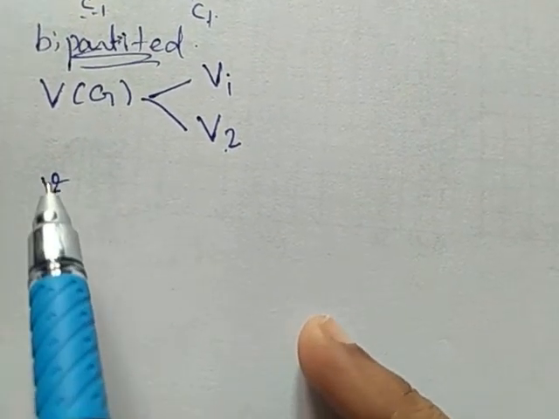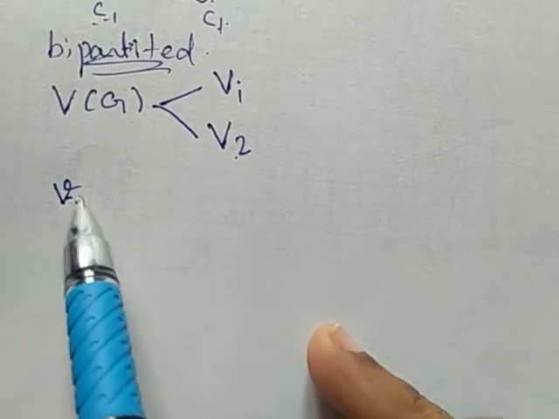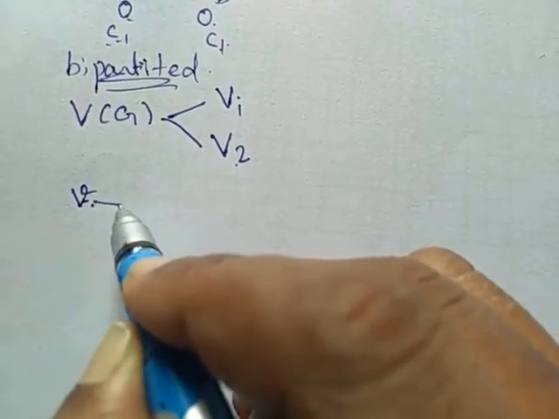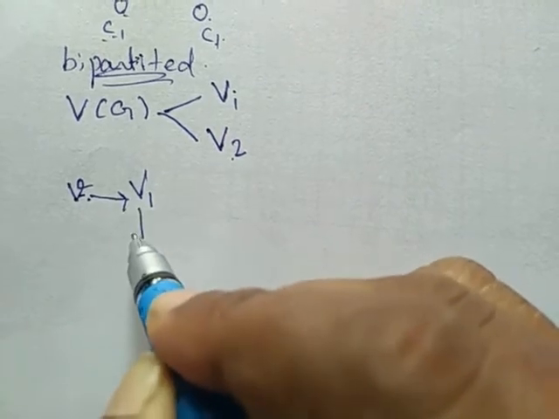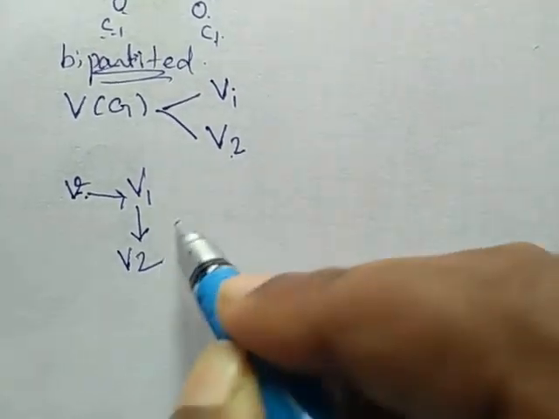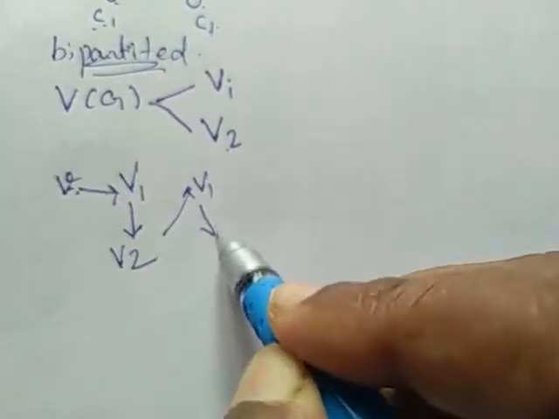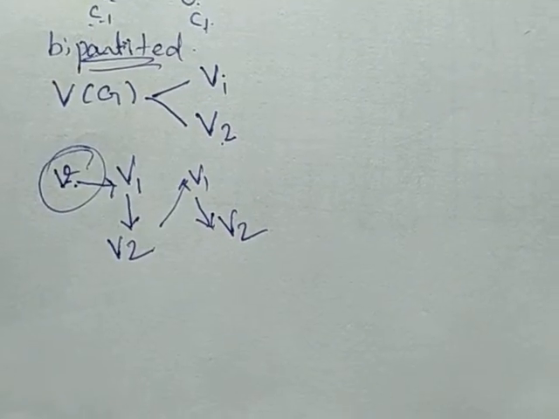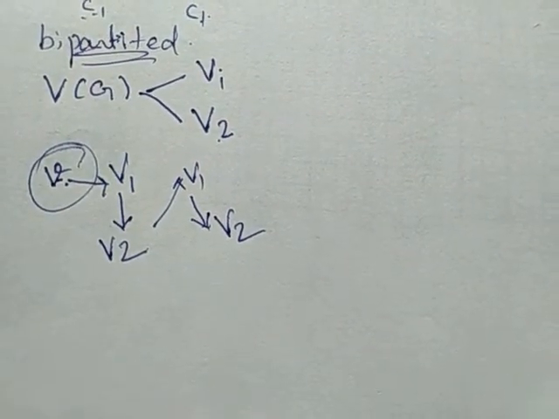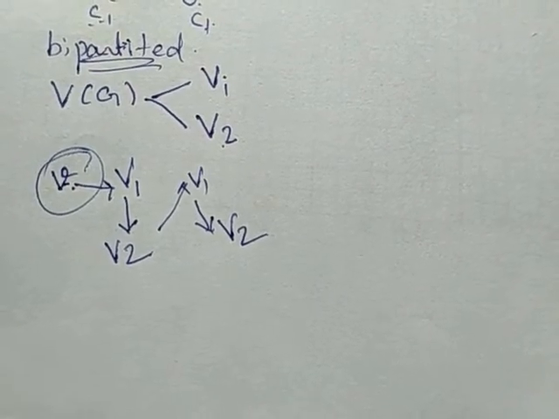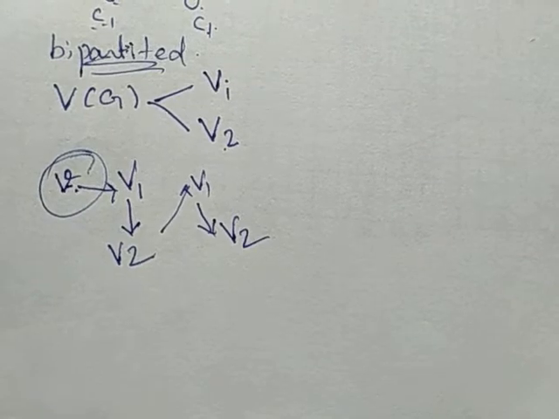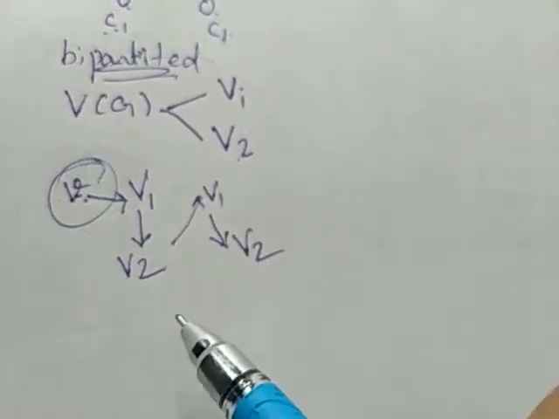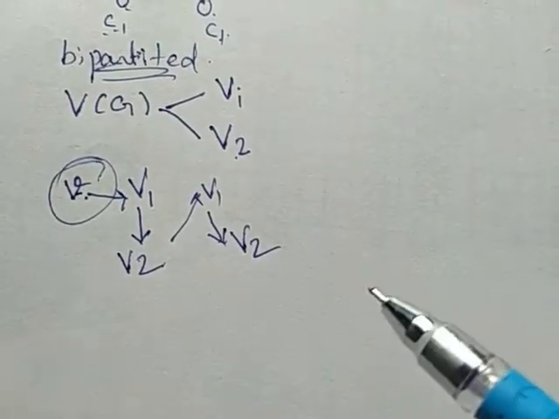To trace the cycle starting from V, we have to travel on the edges of G which are in set V1, then in set V2, then again to V1, then to V2. So when we travel edges on G, it will be from V1 to V2, V2 to V1, V1 to V2, etc.